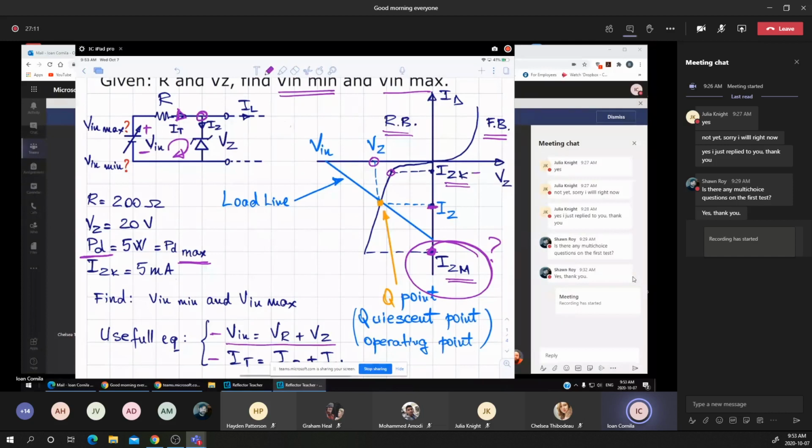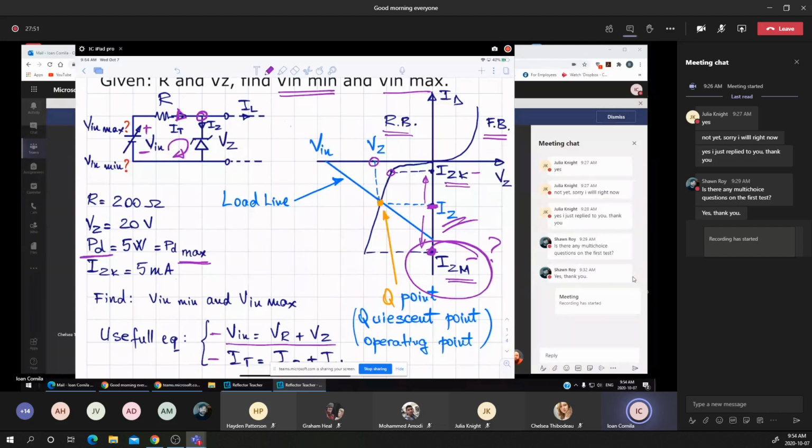That means I have a full range for the IZ to move lower up to the IZK, and to move higher up to the IZ max. In this specific example, I'm choosing the IZ as the IZ max divided by 2, or halfway. To be more precise, but it is not required, I can take the IZ max minus the IZK and divide by 2.